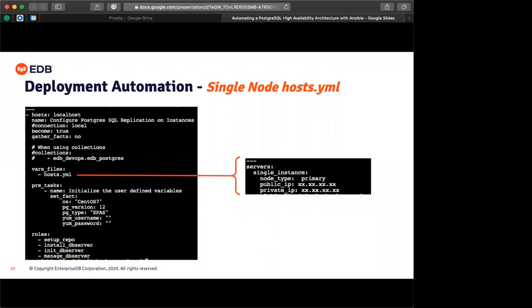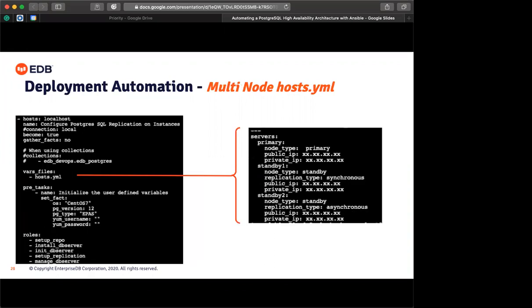With that, you're also telling Ansible through the playbook that, hey, my operating system is CentOS 7, and the version which I want to deploy is 12, and the PG type is EPAS, which is EDB Postgres Advanced Server. With this information, with one single command, Ansible would be able to deploy a single node architecture in your environment.